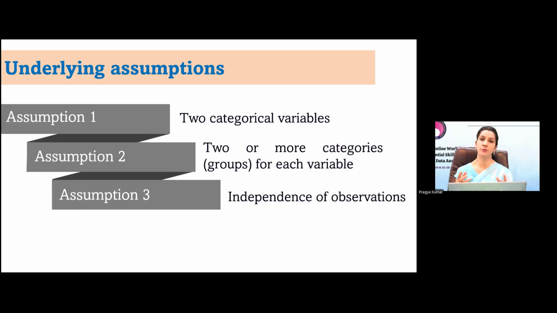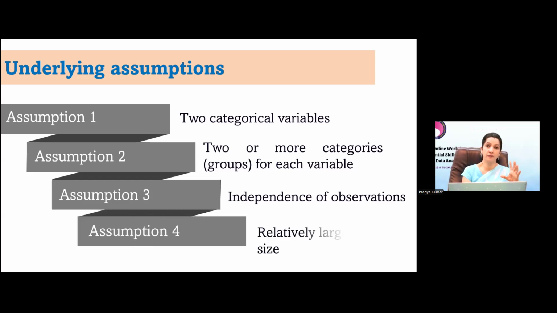Second, if you recruit spouses in your data set, male and female, and consider them separately, because they are somehow related to each other. And third, if you include twin pairs, then also this assumption isn't met. So this is how you should explain it in the methodology: whenever you explain these things, you should state that independence of observation is met.